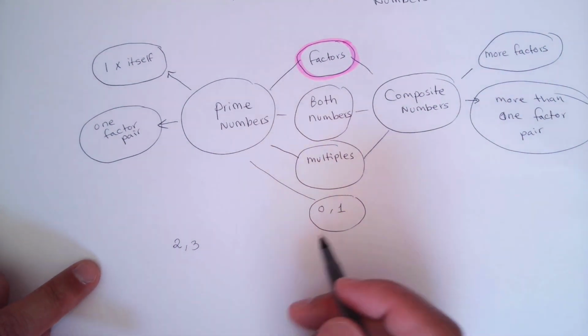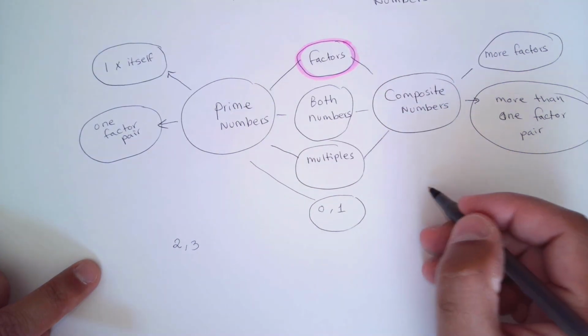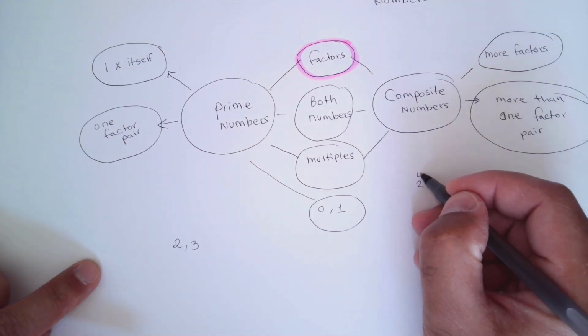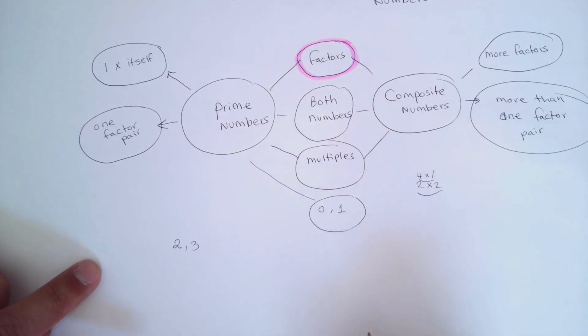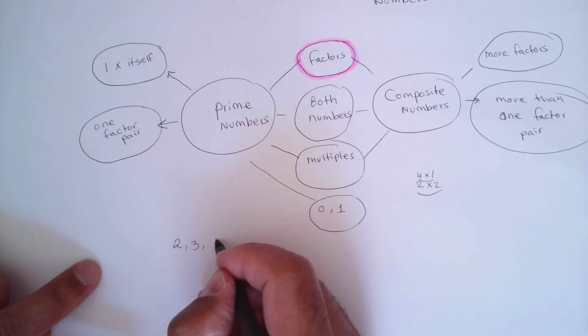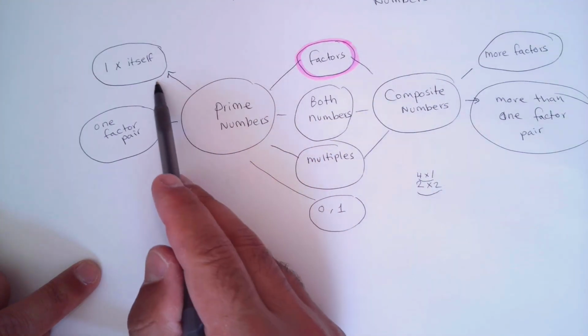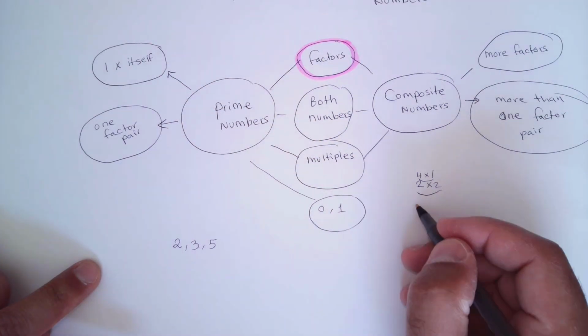Okay. 4, I can do it as 2 times 2. And I can also get it by 4 times 1. 4 has 2 factor pairs. So it is a composite number. 5, I can only get it by 1 times 5. So it is a prime number.